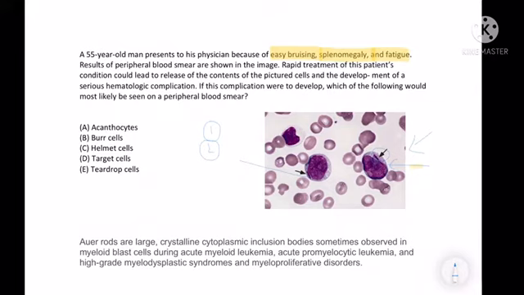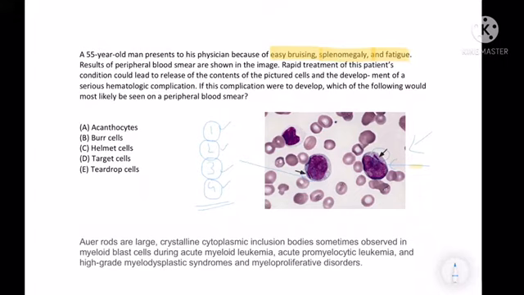So number third, we need to find what sort of complication we can see, and number fourth, what type of cell can we see in this complication, which is a result of the release of these inclusions. So we need to find four things in order to answer the question.